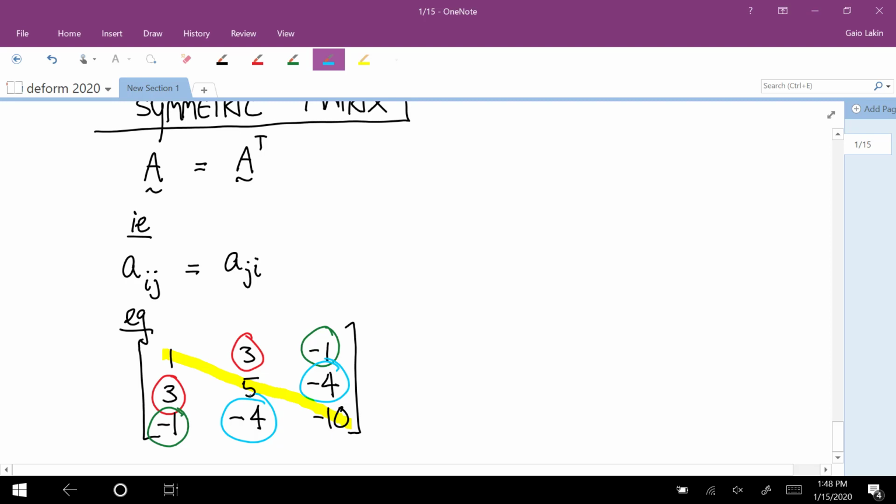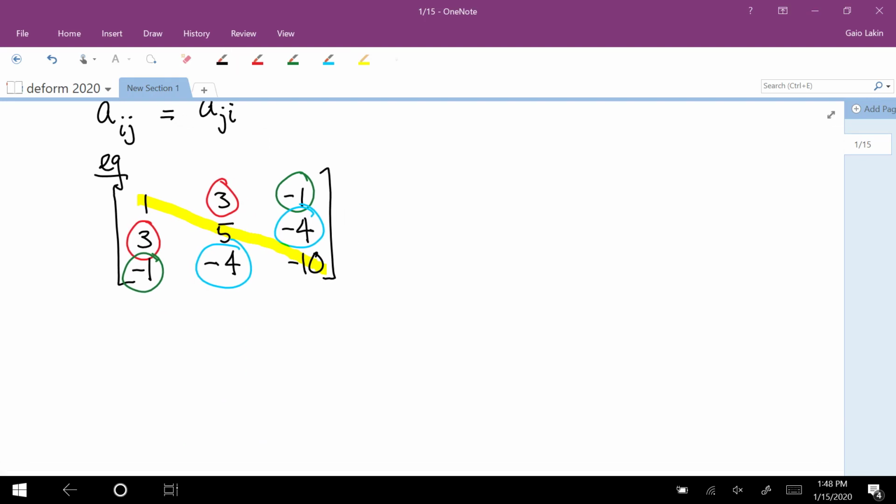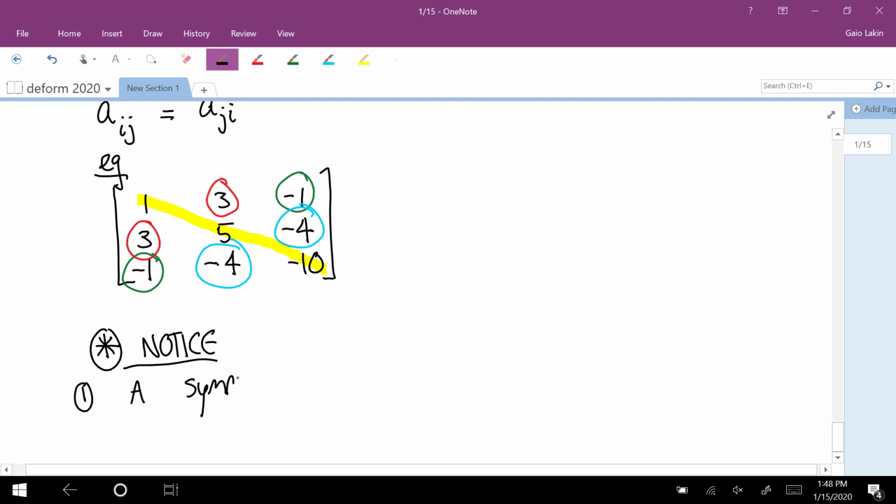But yeah, here are some things to keep in mind about symmetric matrices. Well, it's only two things, but both of these are important. The first one is that a 3x3 matrix obviously has 9 values, but a symmetric 3x3 matrix only has 6 independent values.